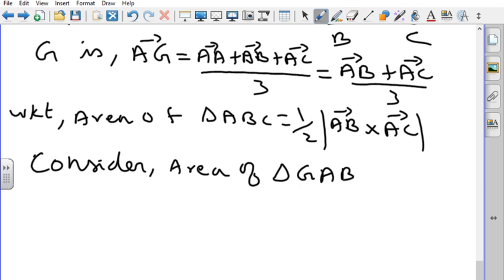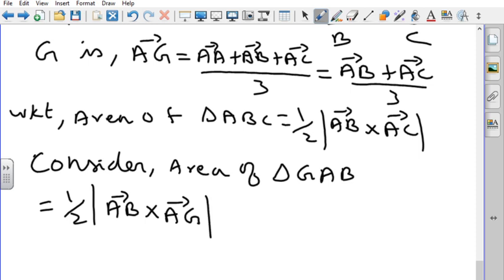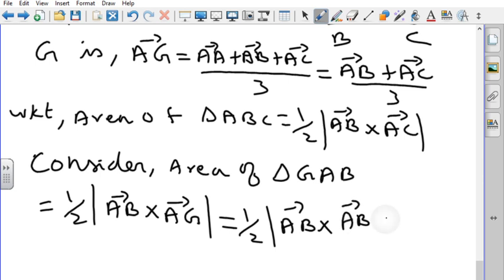Area of triangle GAB is equal to half into modulus of AB vector cross AG vector, where AB and AG are the adjacent sides. So now this is equal to half into modulus of AB vector cross AG vector. We have got AG as AB vector plus AC vector by 3.